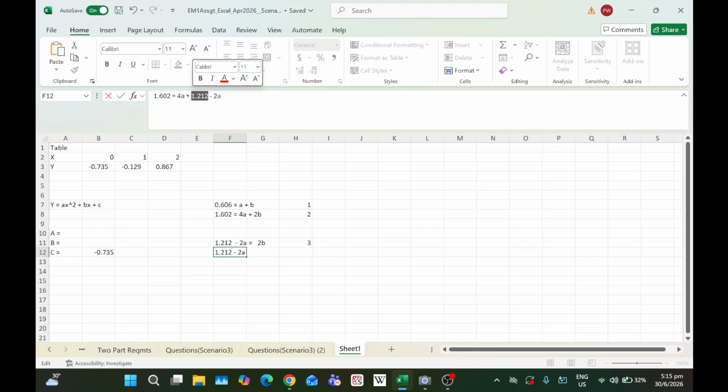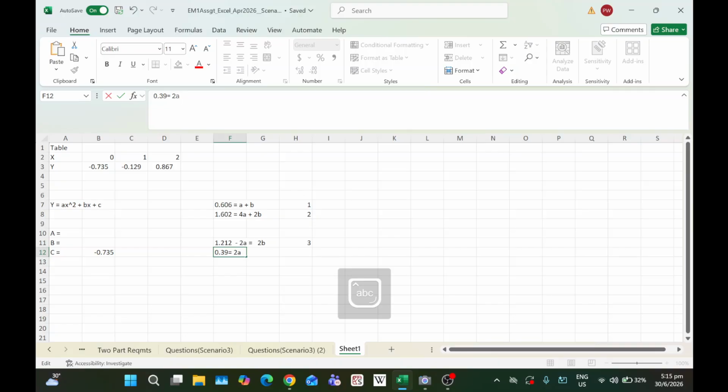To remove this, I will deduct 1.212 from both sides. So 1.602 minus 1.212 will result in 0.39. 4a minus 2a will result in 2a.